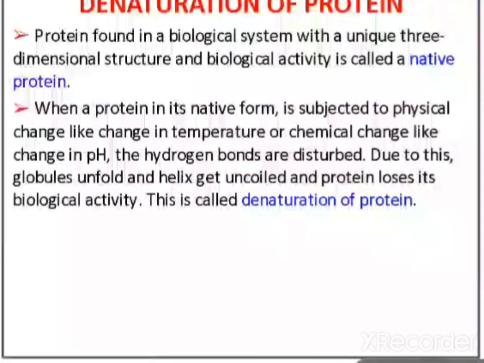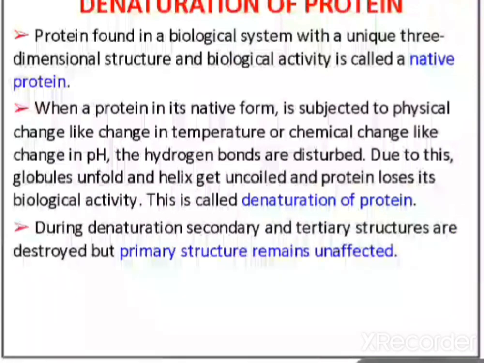Due to change in temperature, pH, or addition of some other chemicals. During denaturation of protein, the secondary, tertiary and quaternary structures are changed, these are destroyed, but the primary structure remains unaffected.